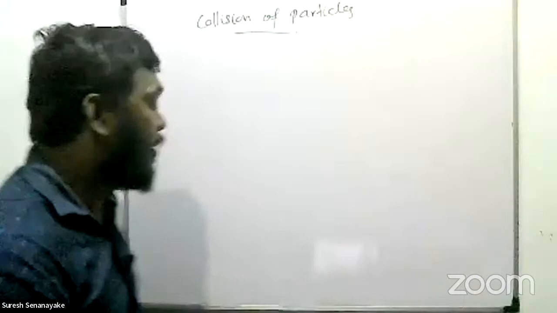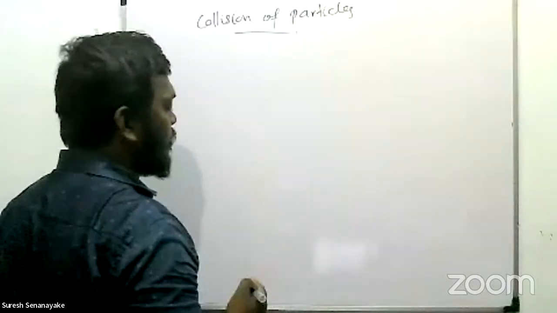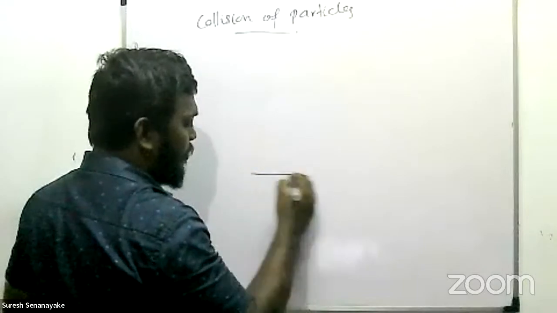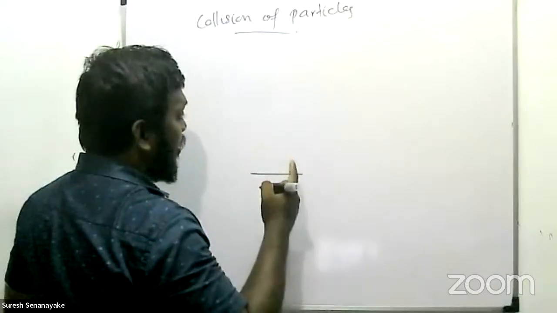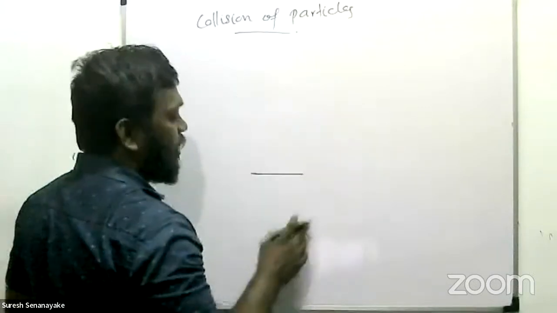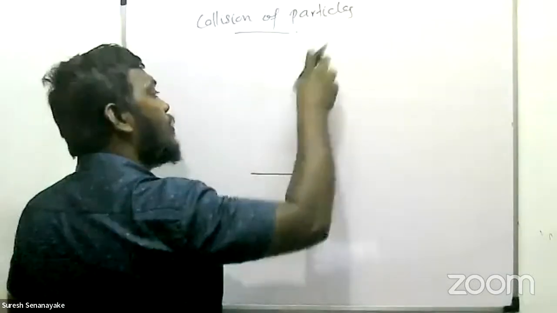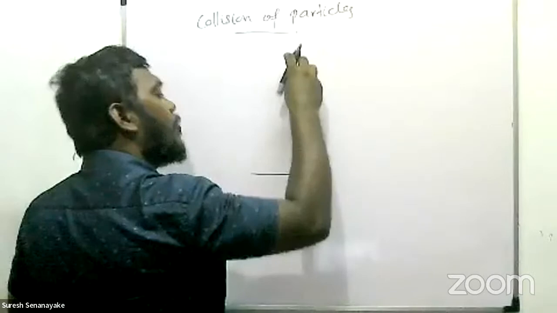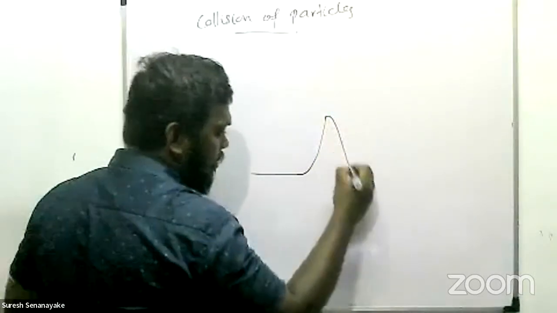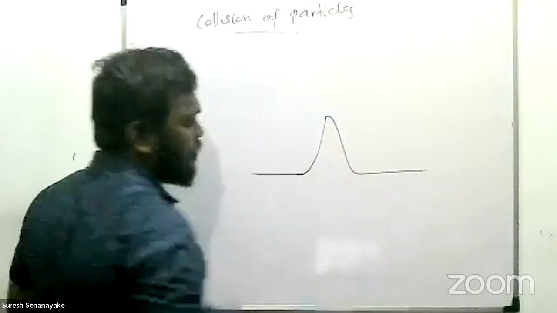During the collision, how do the forces act? Initially they are moving with a constant velocity, with no force applied. During the collision, an equal and opposite impulse is applied, and the resultant force acting on the bodies rapidly increases over a short time duration and then decreases. After the collision they move with constant velocity.